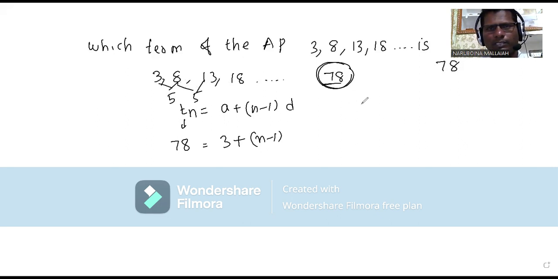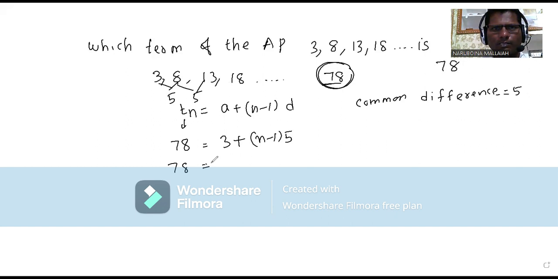So the common difference is 5, and I am writing 5 here. So 78 is equal to 3 plus 5 into n minus 5, which is 5n minus 5. Next step, 78 equals 5n, then minus 5 plus 3, which is minus 2.